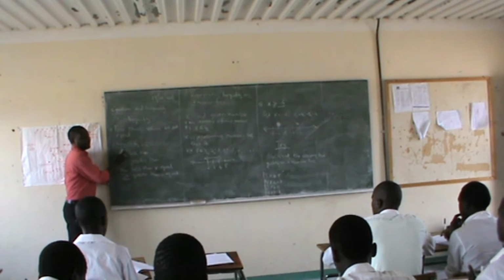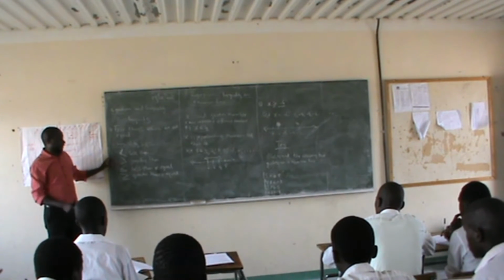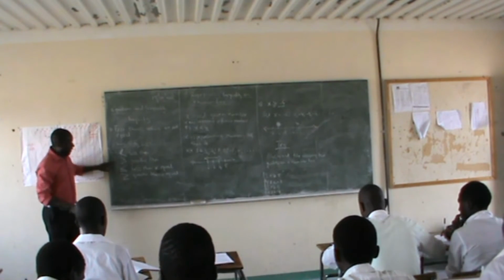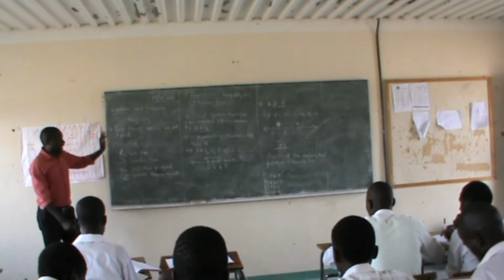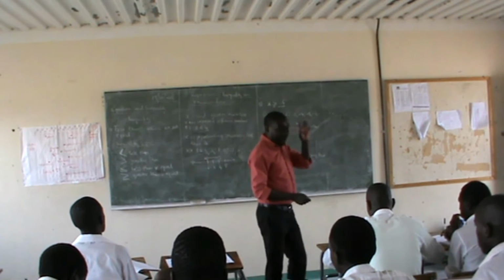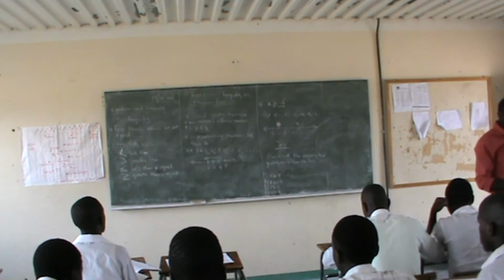This is the mouth where there's a big one. If we have this one, this is the mouth of the crocodile. This number should be bigger. Then we read as greater than. The crocodile always opens its mouth where there's big, so that we know how to read that symbol.